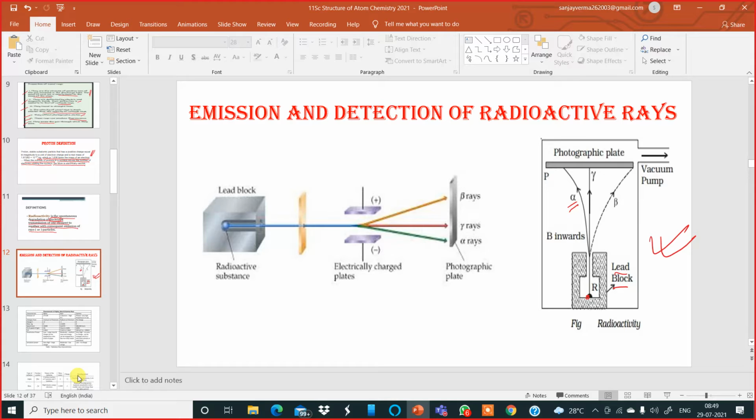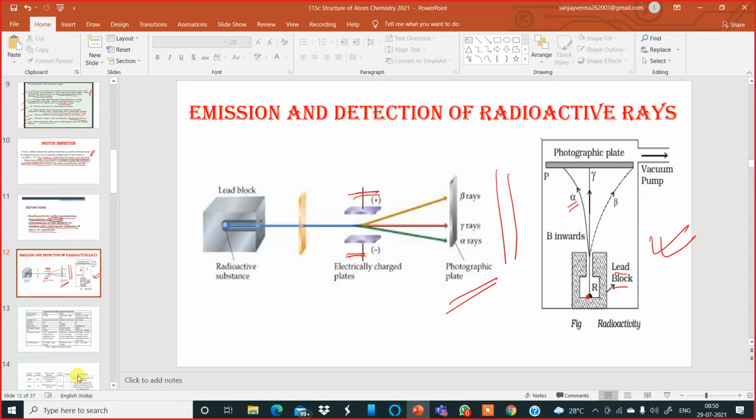That is how we demonstrate the emission and detection of radioactive rays on a screen over here. That is a photographic plate. Now we can see there are two plates over here, a negative plate and a positive plate. The beta particles bend towards the positive plate and the alpha particles bend towards the negative plate.